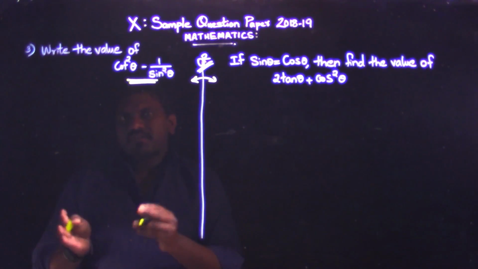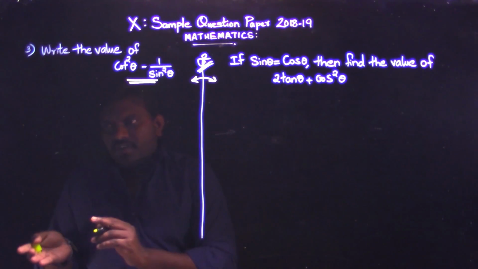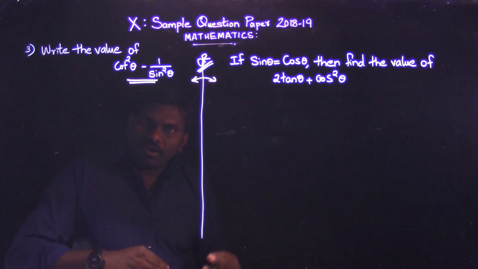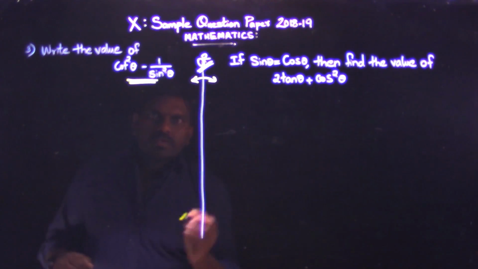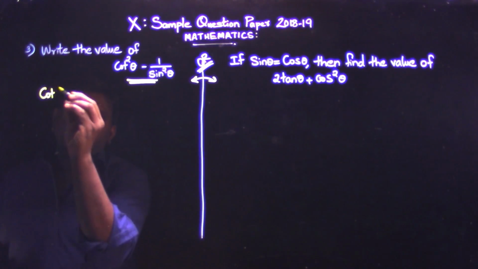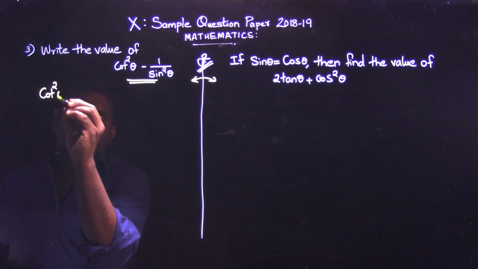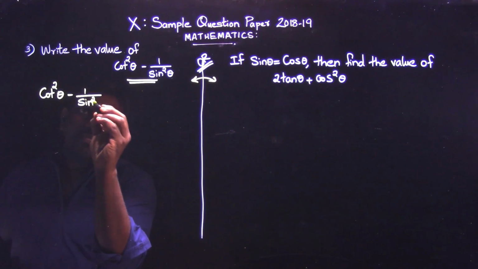If I see cot, I write cos by sine. If I see tan, then sine by cos. I have that general tendency, so I would solve this one two ways. I will write the question again.